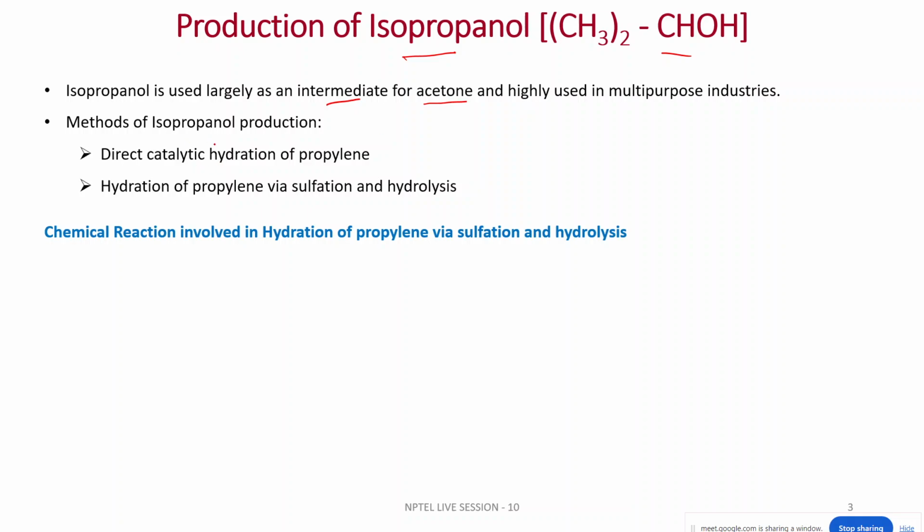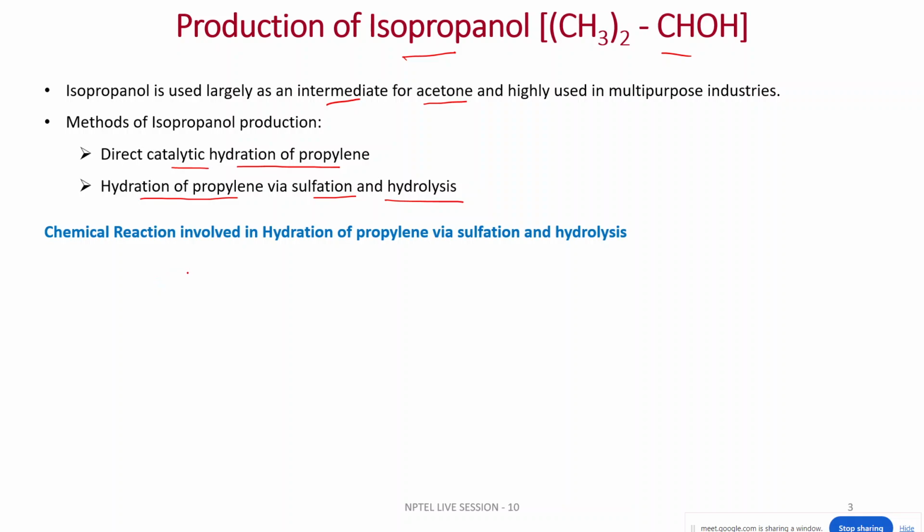What are the methods of isopropanol production? One is direct catalytic hydration of propylene. Another method available is hydration of the propylene via the sulfation method and hydrolysis method.